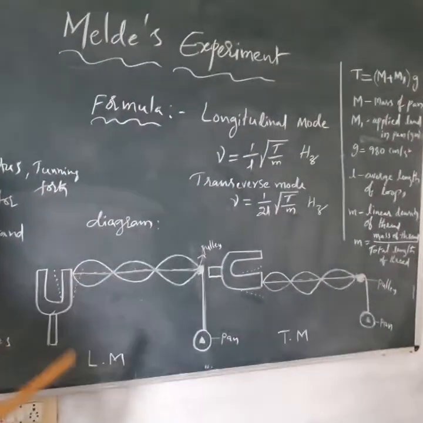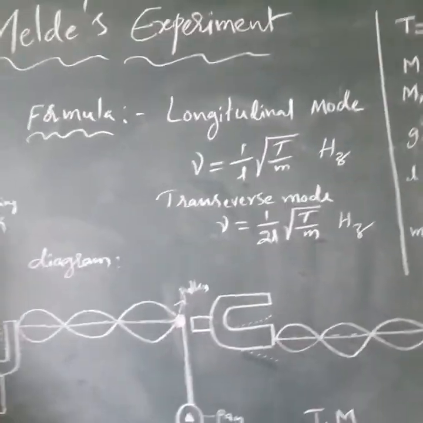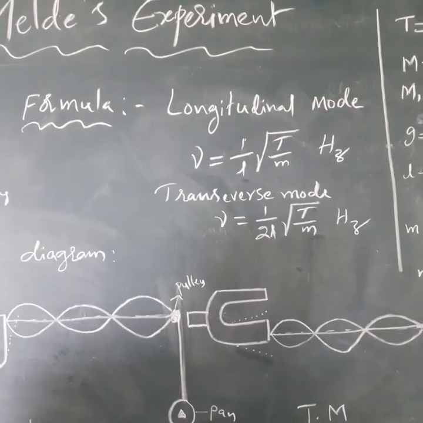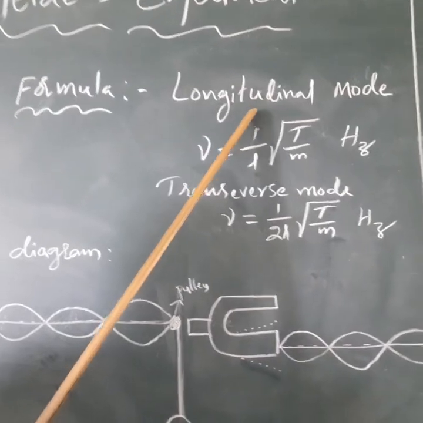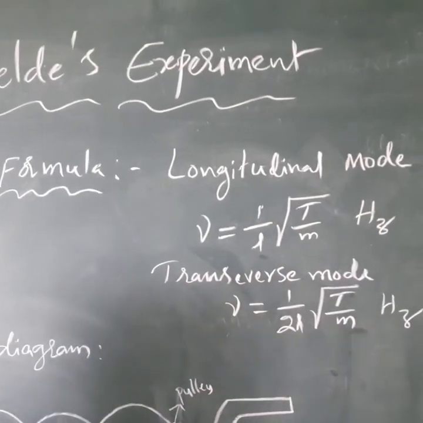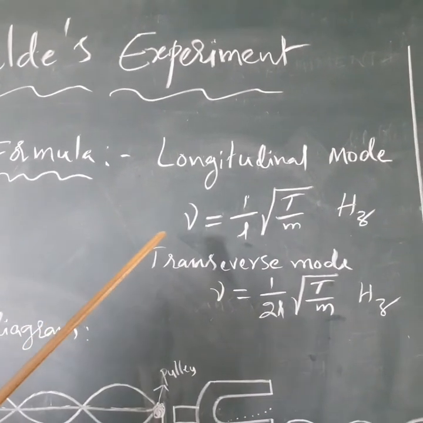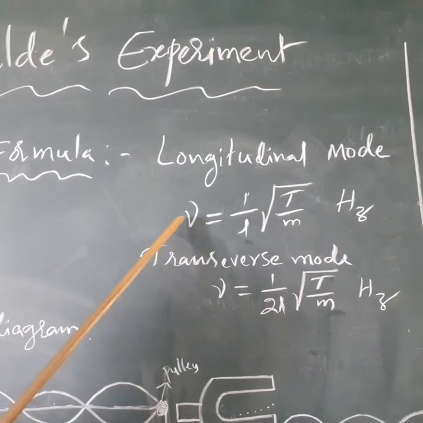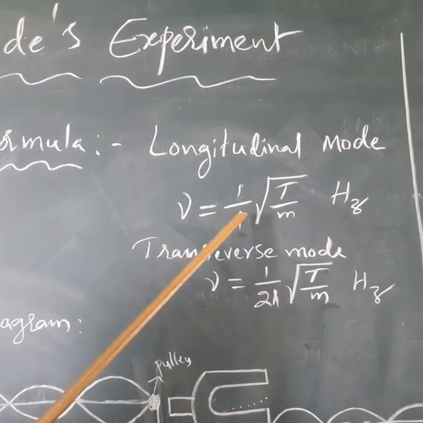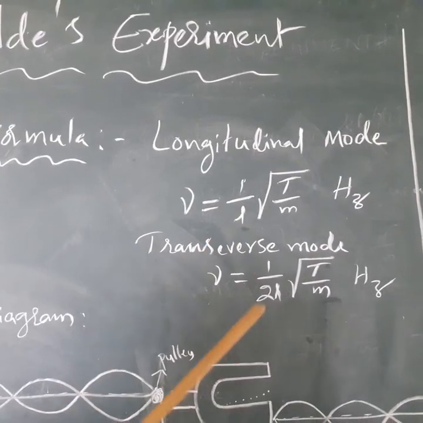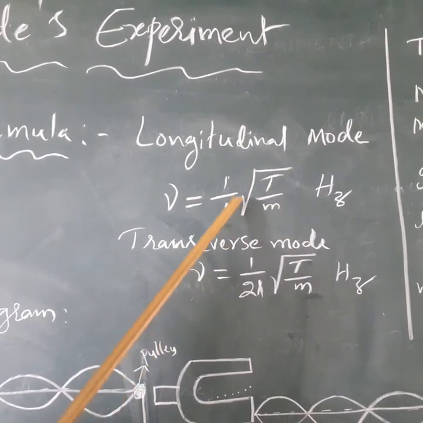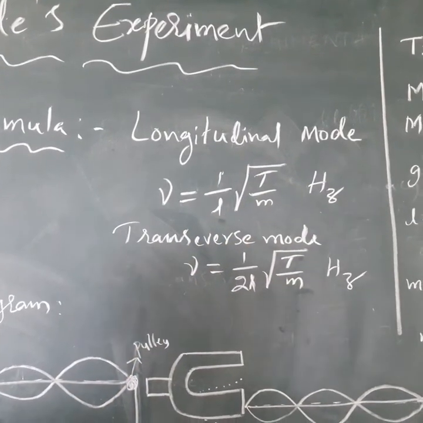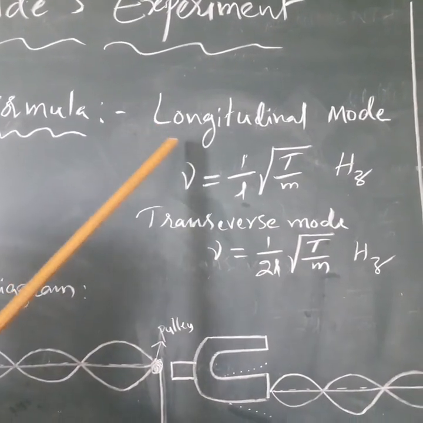Now the formula. We are calculating the frequency of the tuning fork in two different modes. The first one is longitudinal mode. In this mode, frequency nu is equal to 1 by L into square root of T by m. This is the diagram for longitudinal mode.